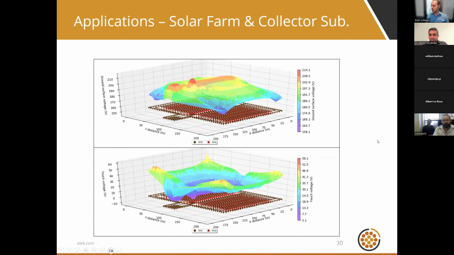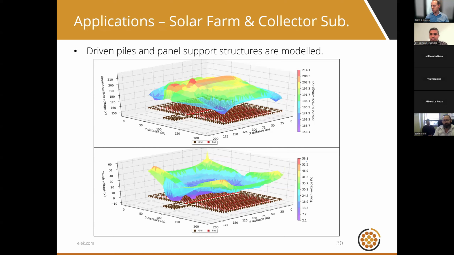Solar farms, these installations need very extensive earthing systems and are of significant cost. The earthing system is integrated with the structures, the supports for the panels, and those are interconnected with the inverter structures and also the substation to form an overall earthing system.